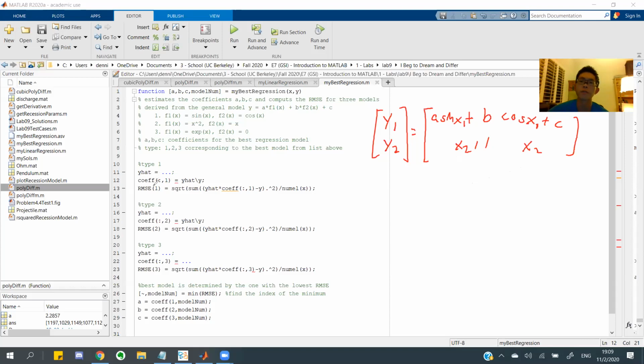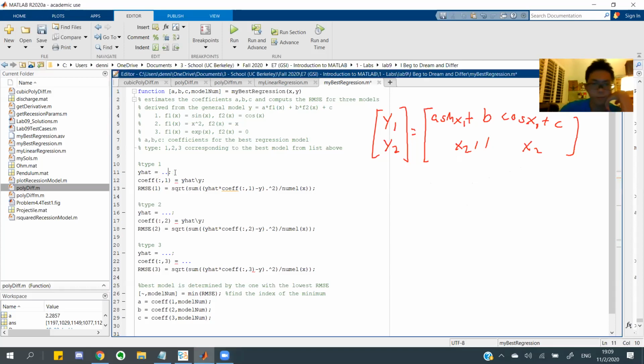For y hat, we're going to want to have... let's see how they do this. Let's figure it out. Okay, for this one, we have some function, and it's not going to be linear.